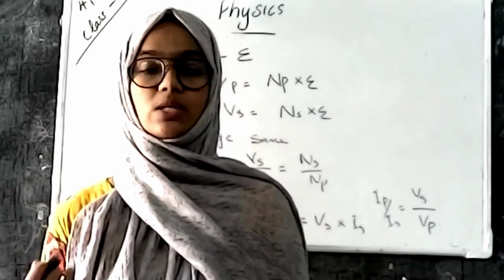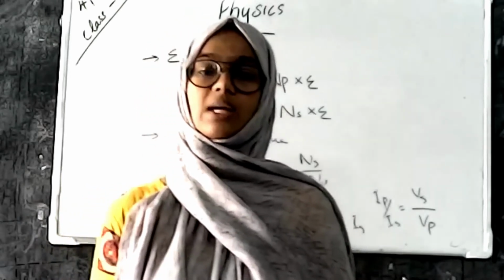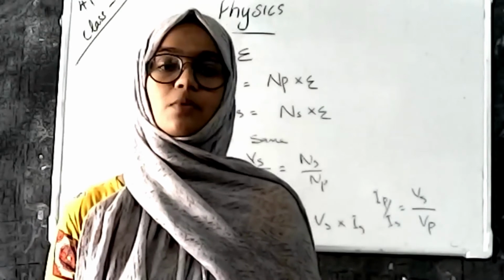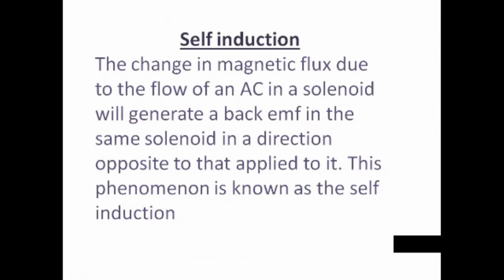So next we have to discuss the next topic, that is induction. What is induction? We will discuss induction through self-induction. The change in magnetic flux due to the flow of an AC in a solenoid will generate a back EMF in the same solenoid in a direction opposite to that applied to it.